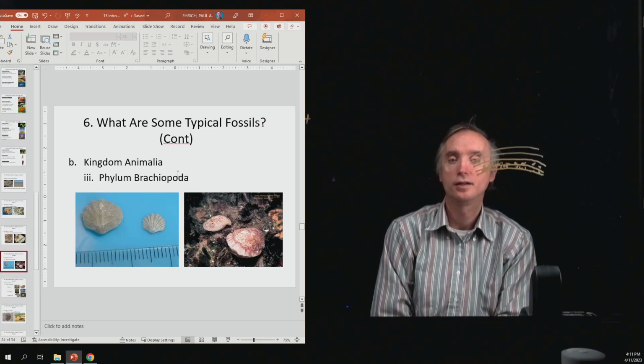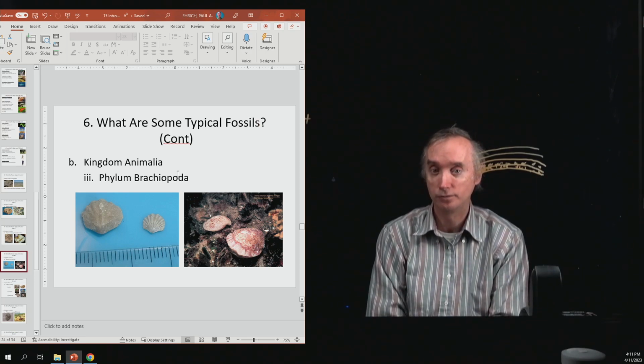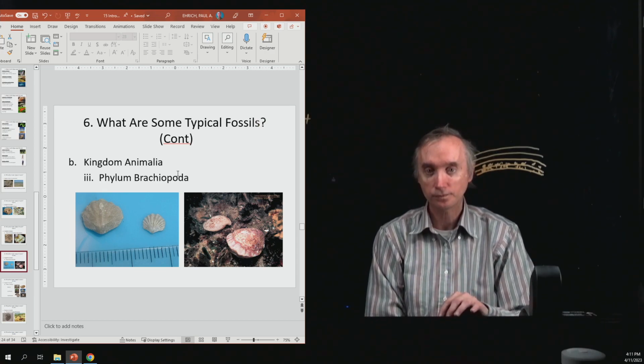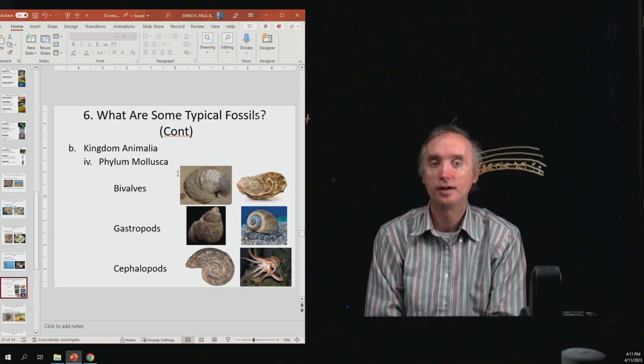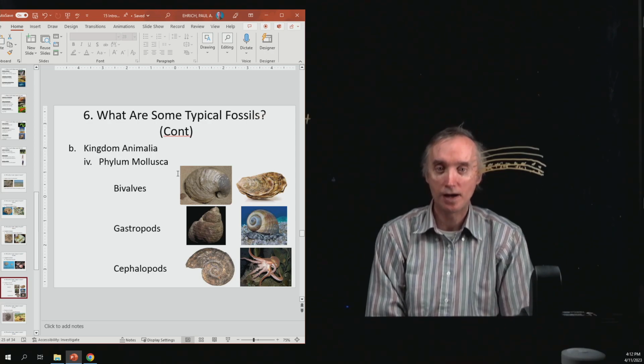Okay, now here is an animal that makes a shell out of calcium carbonate. So there's some fossilized brachiopods, and then off to the side there on the right are actual ones. Okay, then you've got the phylum Mollusca, and so the first one is going to be bivalves.